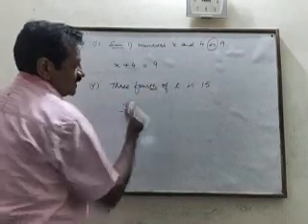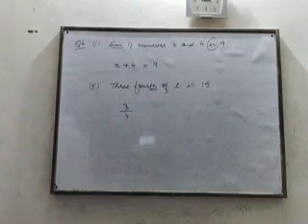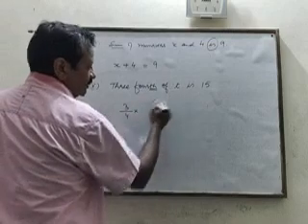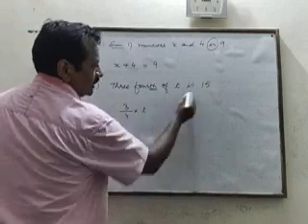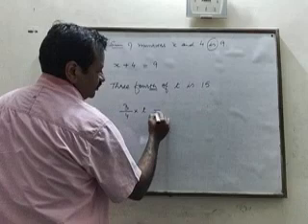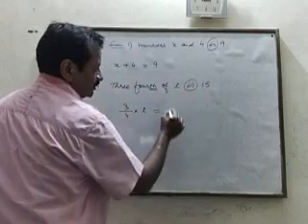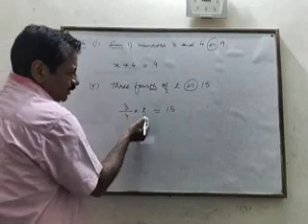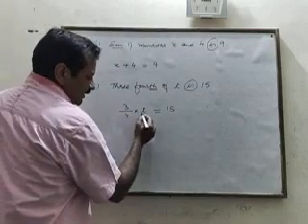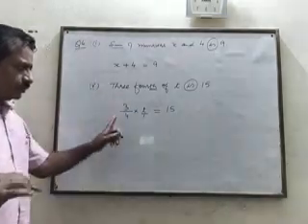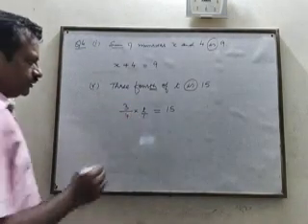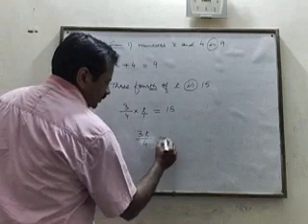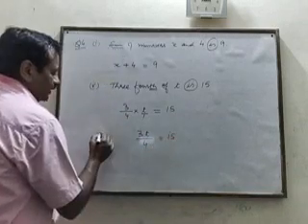So 3/4 of means multiply, t means t, is means is equal to, and 15. So you can write it 3 into t, 3t, because t does not have any denominator, it has 1. So you can write 3t upon 4 is equal to 15.